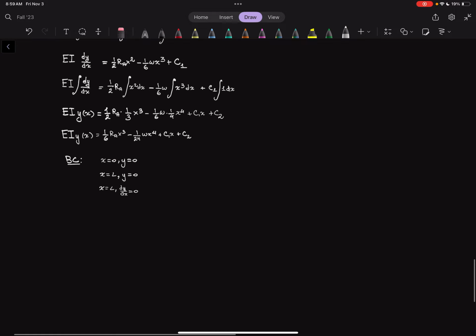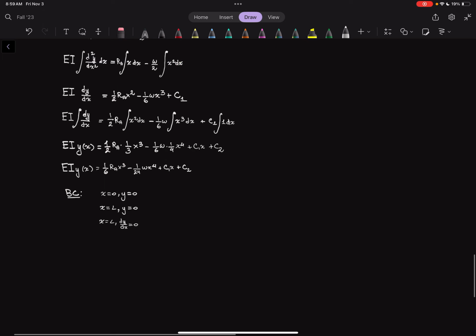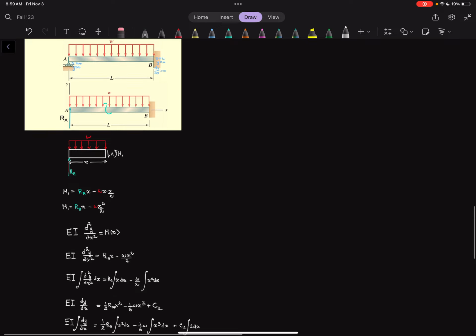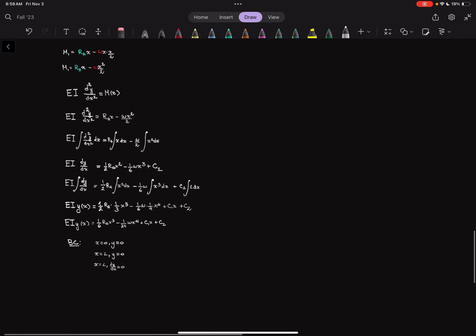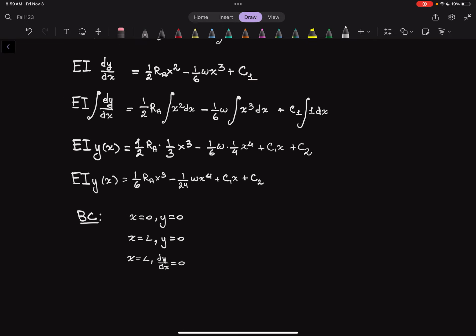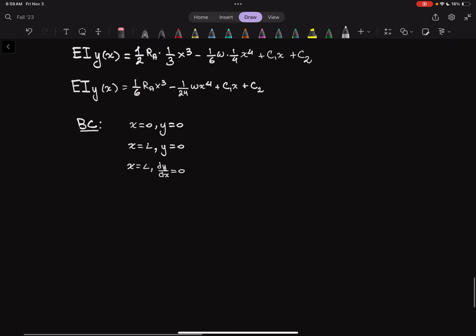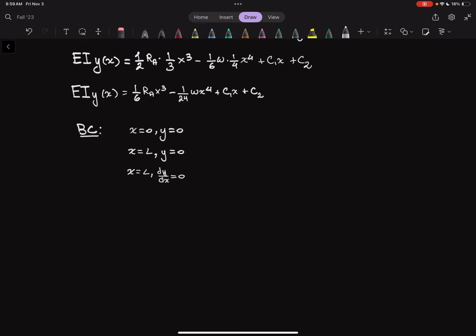So that gives us 3 equations. So we have the equations for statics. So that's 6 total equations. And how many unknowns do we have? We have 1, 2, 3, and 4. Assuming that we know EI. Okay?